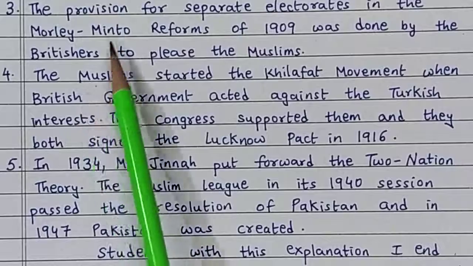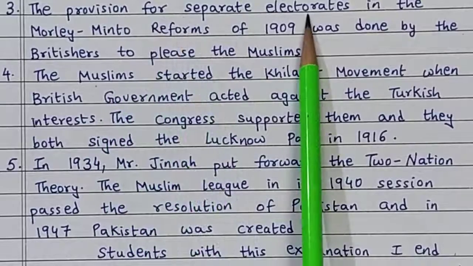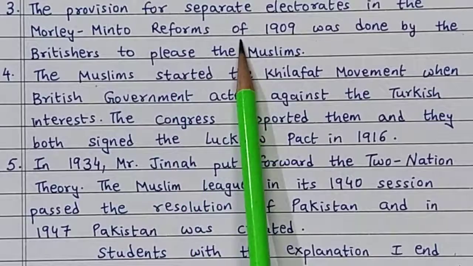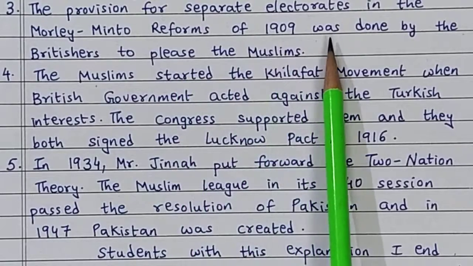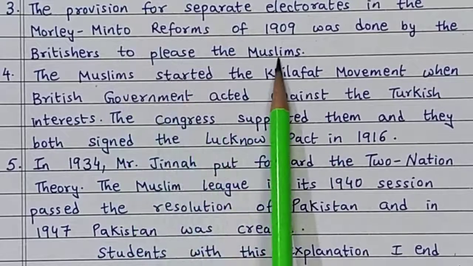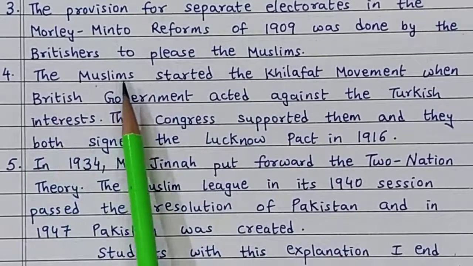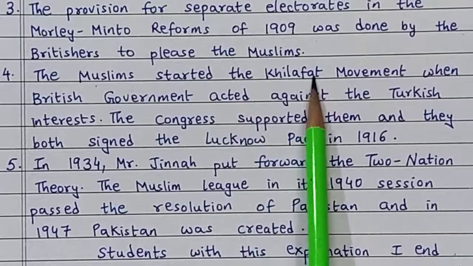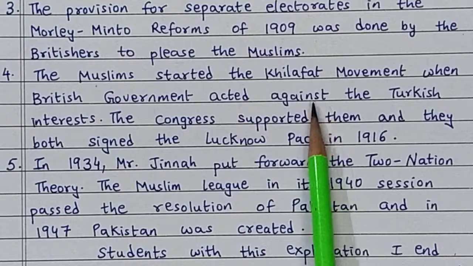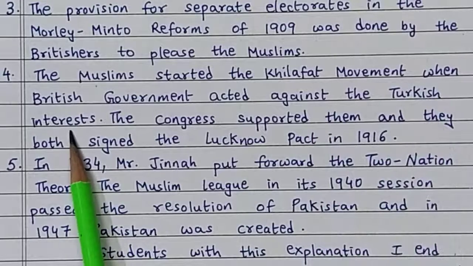Third, the provision for separate electorates in the Morley-Minto reforms of 1909 was done by the Britishers to please the Muslims. Fourth, the Muslims started the Khilafat movement when the British government acted against the Turkish interest.